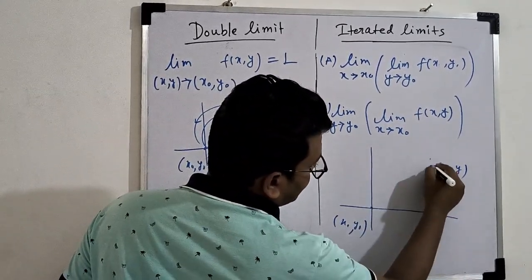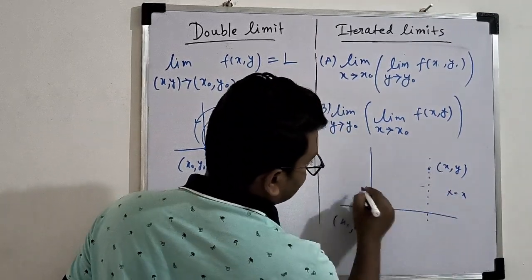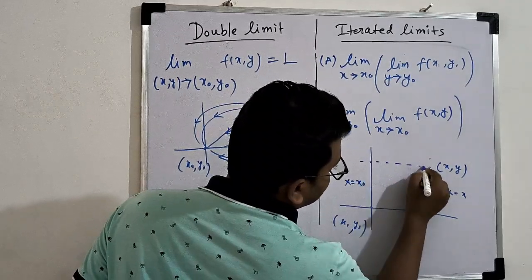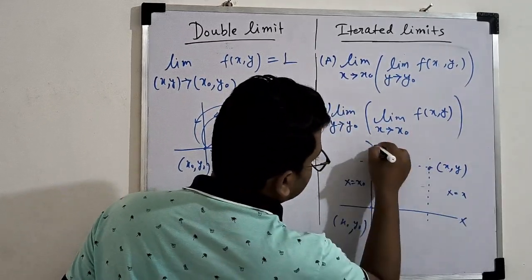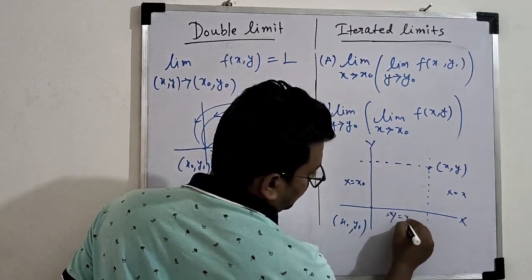If this is the x axis and this is the y axis, this is the path x equal to x0, and this is y equal to y0.